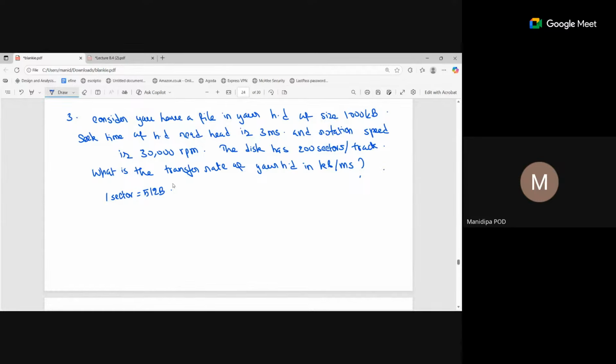First, you need to find out the formula for transfer rate that you already have. Transfer time is file size by transfer rate. Transfer rate is the number of bytes per track by the time required for one full rotation. So first you need to find out the components of this fraction in your formula. What is the number of bytes per track? What is the time required for one full rotation?